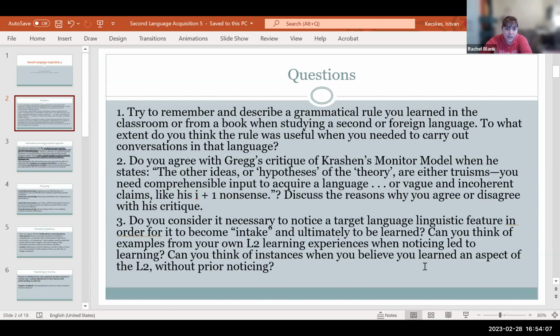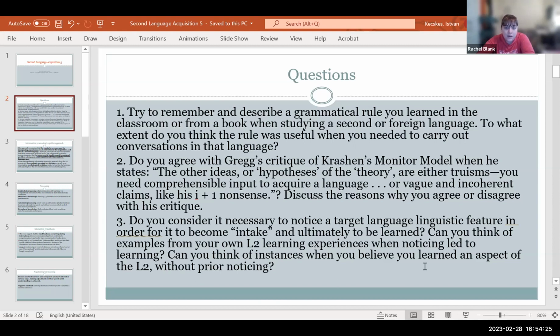I don't have any particular examples from my L2 learning, because all of my instruction was pretty much explicit in a classroom. But I can think of times in my L1 where this would apply.